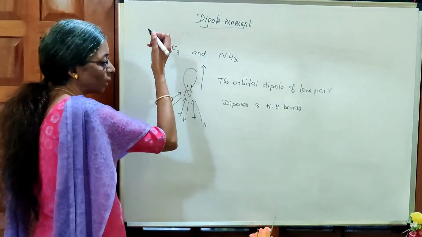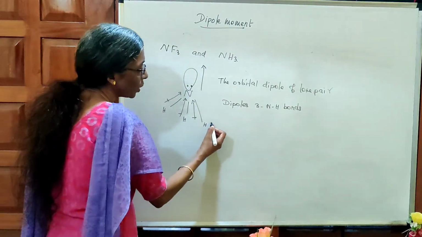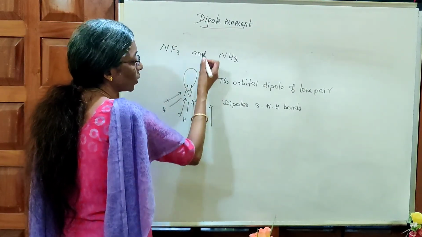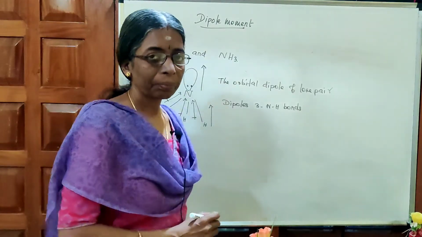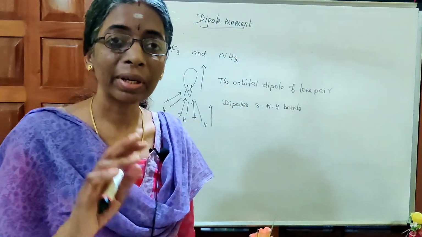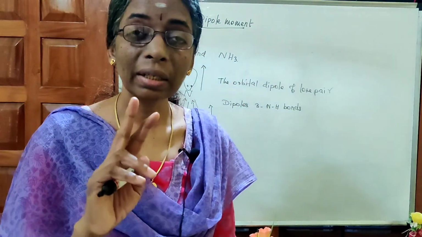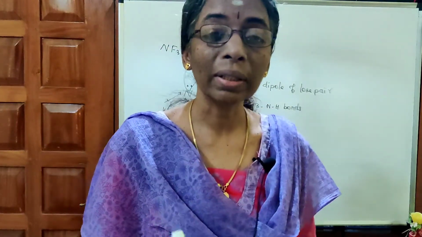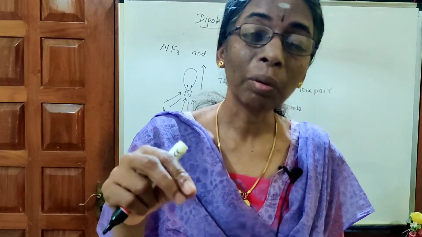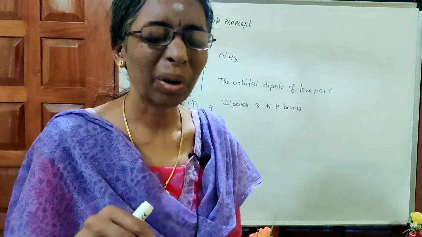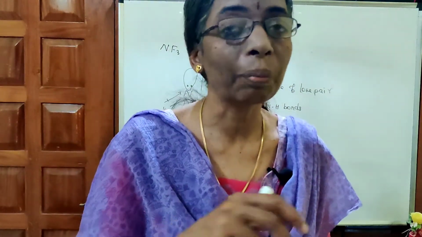So when we calculate the dipole moment of a molecule which contains a lone pair, we should calculate the orbital dipole of the lone pair also.